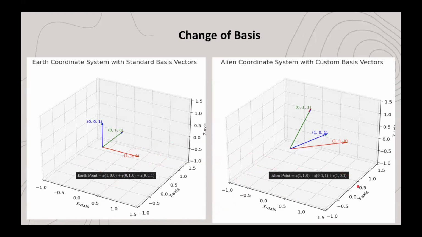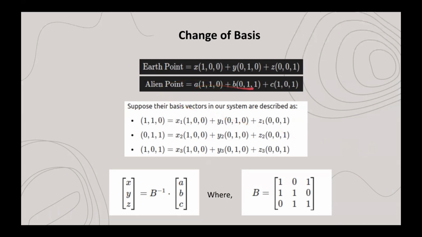So to convert their coordinates ABC to our system XYZ, we need to express each of their basis vectors in terms of our basis vectors. Suppose their basis vectors are described this way in our system. Then the transformation matrix B converts the coordinates from their system to ours using this.